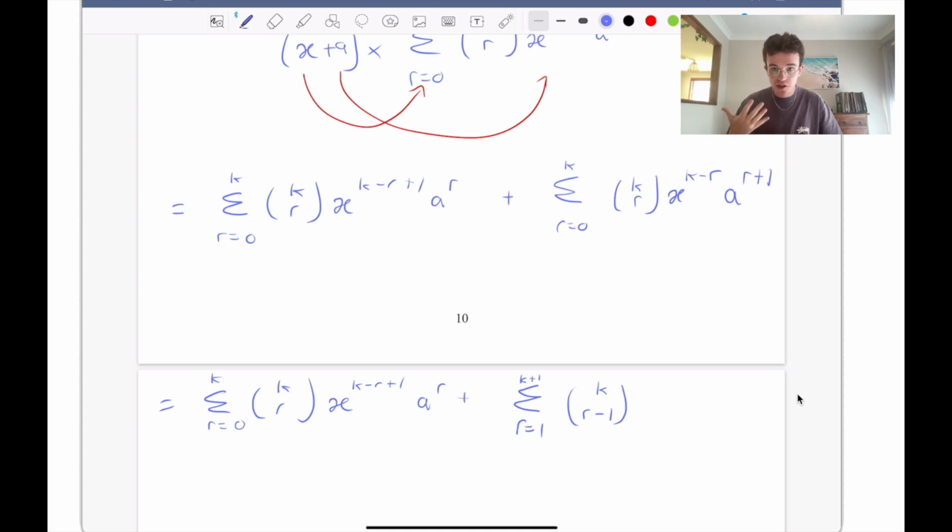Because if we didn't do that, the last term would be r plus 1, which would mean it would be bigger than k, and that wouldn't work. Or we would have k plus 1 as our last term, which wouldn't work, and we can't do that. Okay, so if we do that, we've got x to the power of k minus r. We've moved it all by 1, plus 1.